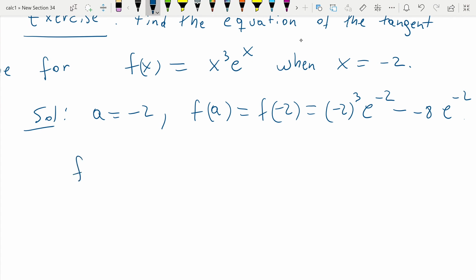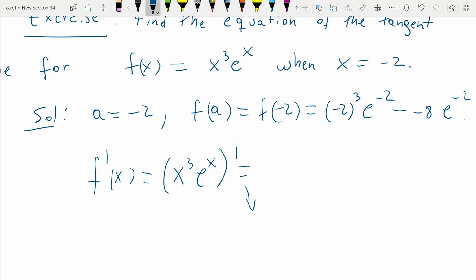So now, what is f prime? It's the derivative of x cubed e to the x. Here this is a product of two functions, so we can use the product rule.